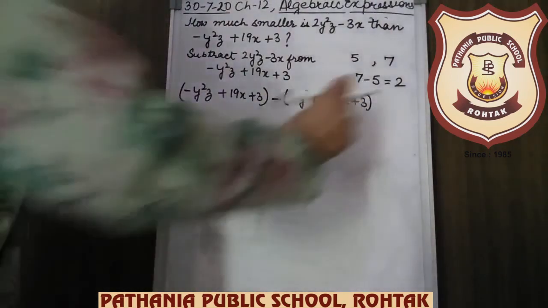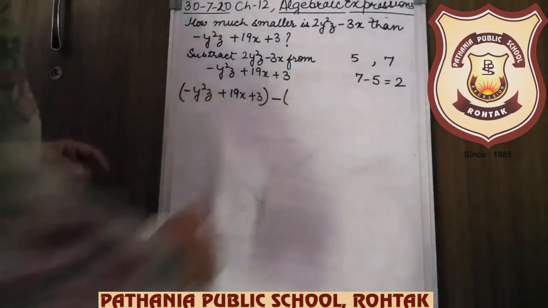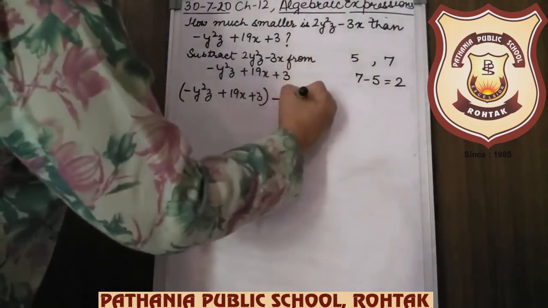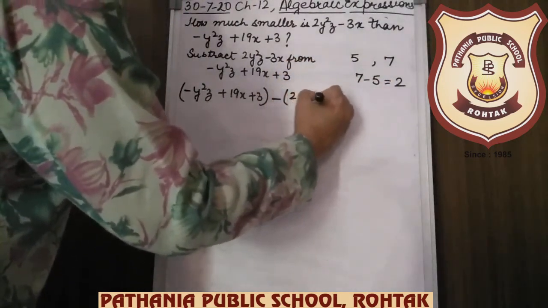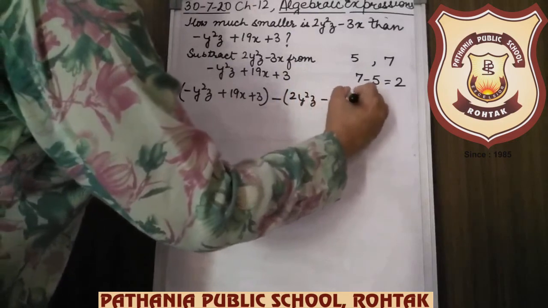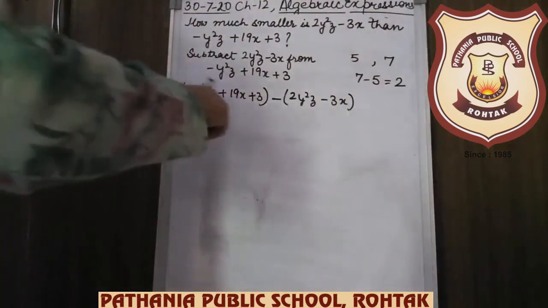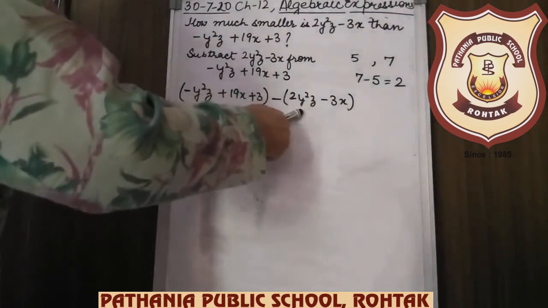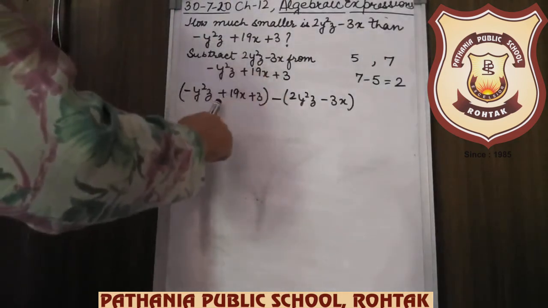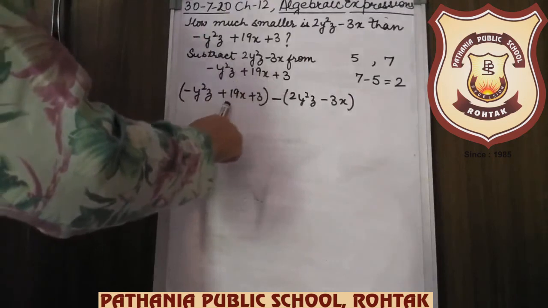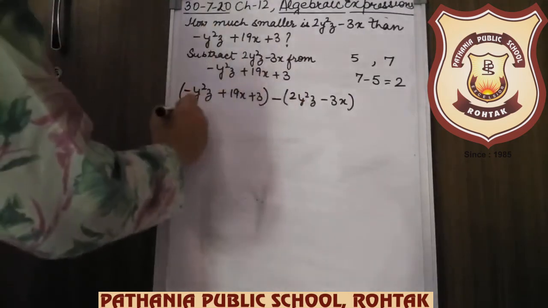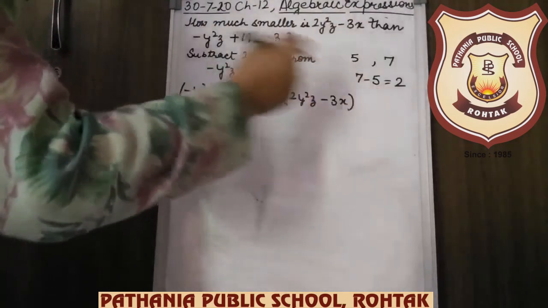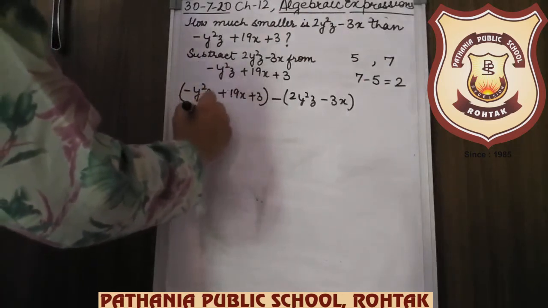Oh, sorry, here you have to write the other one first, minus y square z plus 19x plus 3. This is the than with which you are comparing. How much smaller is this one? So 7 minus 5, as we have done in the natural number form.